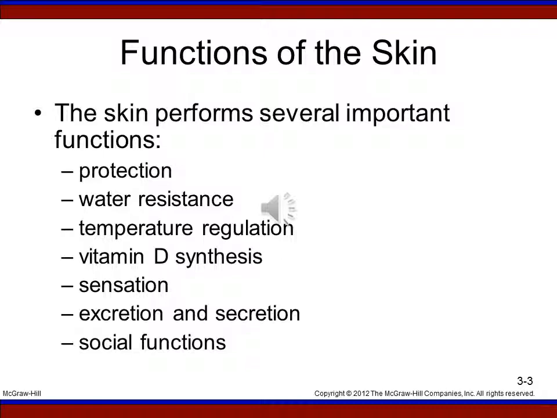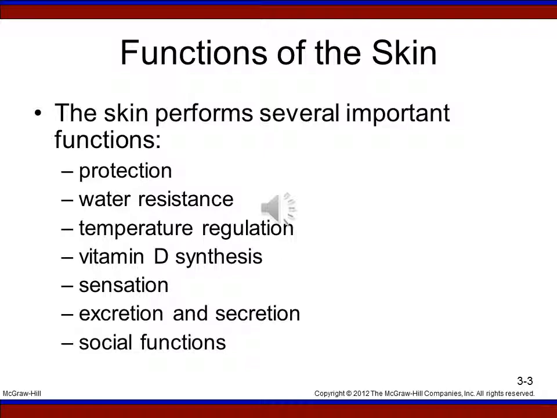The fifth function is sensation. Nerve endings that detect touch, pressure, heat, cold, pain, vibration, and tissue injury are particularly numerous in the skin of the face, fingers, palms, soles, nipples, and genitals. All right? The sixth function is excretion and secretion.